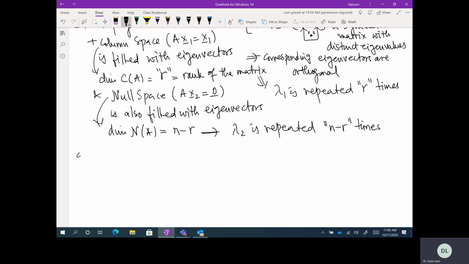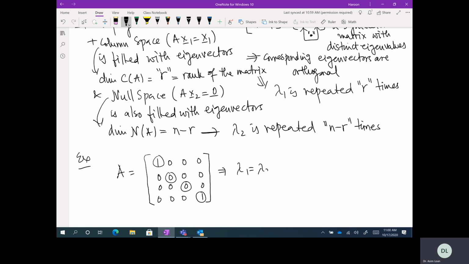What about this matrix? If I have this matrix A, I just want to throw some terms at you. With entries 1, 0, 0, 0, 0, 0, 0, 0, 0, 0, 0, 1, 0, 0, 0, obviously the eigenvalues are 1, 0, 0, 1. So lambda 1 equals lambda 2 equals 1. This means the algebraic multiplicity of lambda 1 is equal to 2, the number of times the eigenvalue repeats.